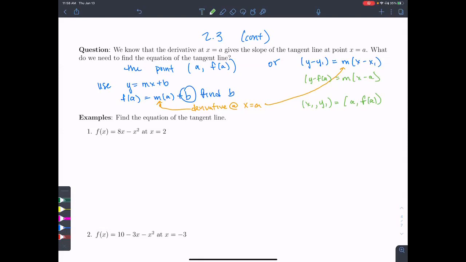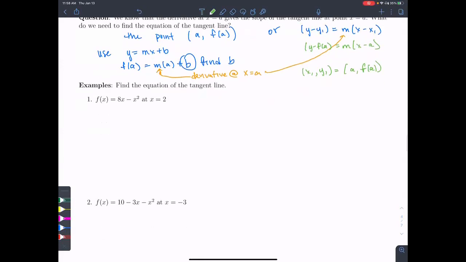So let's actually do some examples of that. We want to find the equation of the tangent line at these given points for x. So we have f of x is 8x minus x squared at x equals 2. So f prime of x, we're going to do it in pieces.